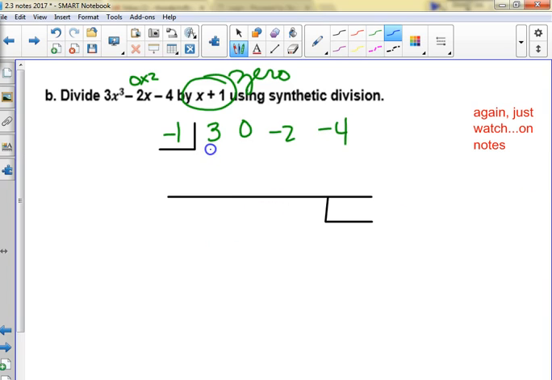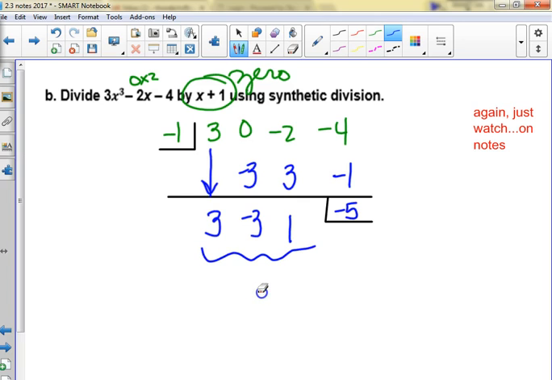Then the rule is drop the first one down, multiply, add. -1 times 3 is multiplied to become -3. Add, -2 plus -3 is... I mean, -1 times 1 is -1. Add is -5. This is called the depressed polynomial.